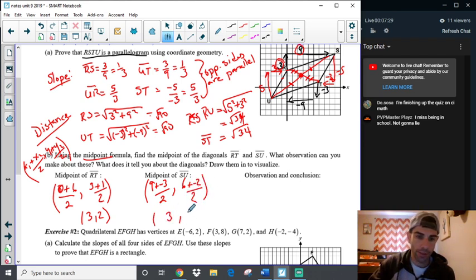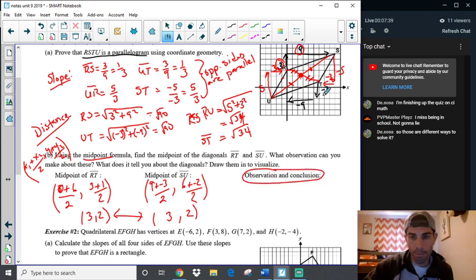And that gives us the same thing, 3, 2. And as we just talked about before, since they share a midpoint, the diagonals bisect one another, therefore it's a parallelogram. So both of these ways would work, just whichever way you feel more comfortable with.